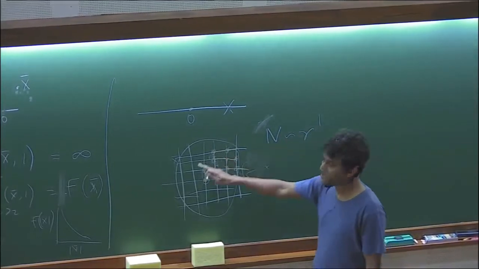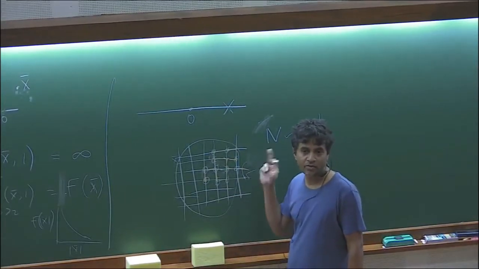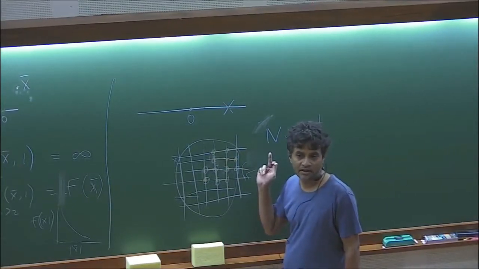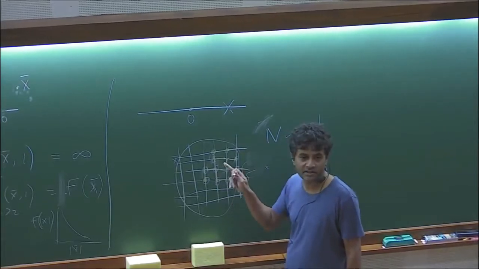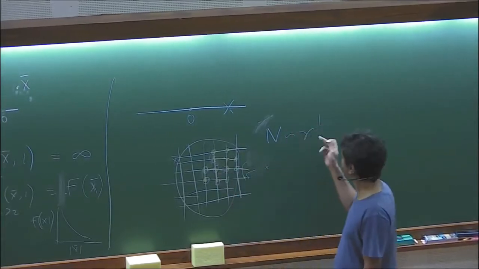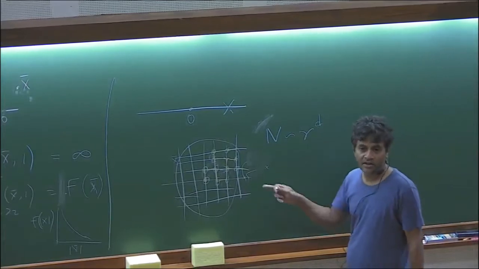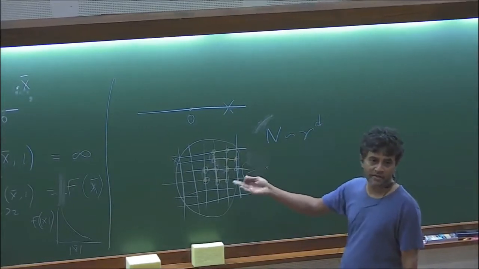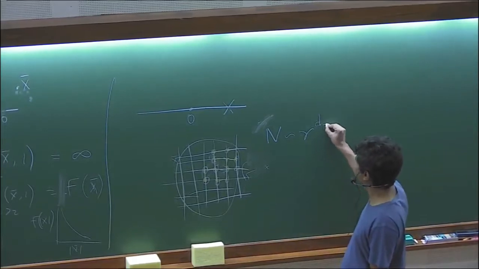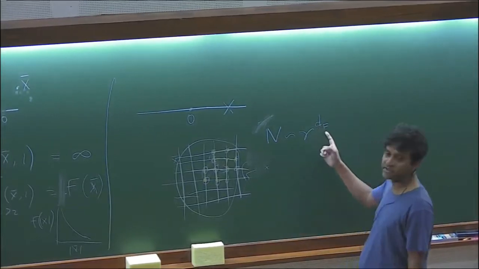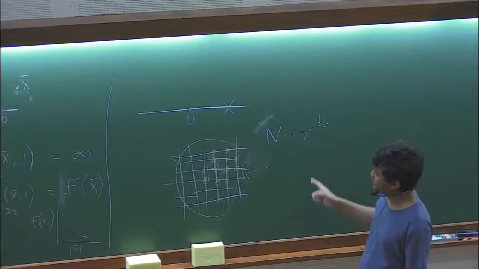So if all points are visited, let's say in d dimensions, then it would be R to the power d, right? But a random walk visits a very small number of points, so therefore it's some fractal dimension df. And what is this df?